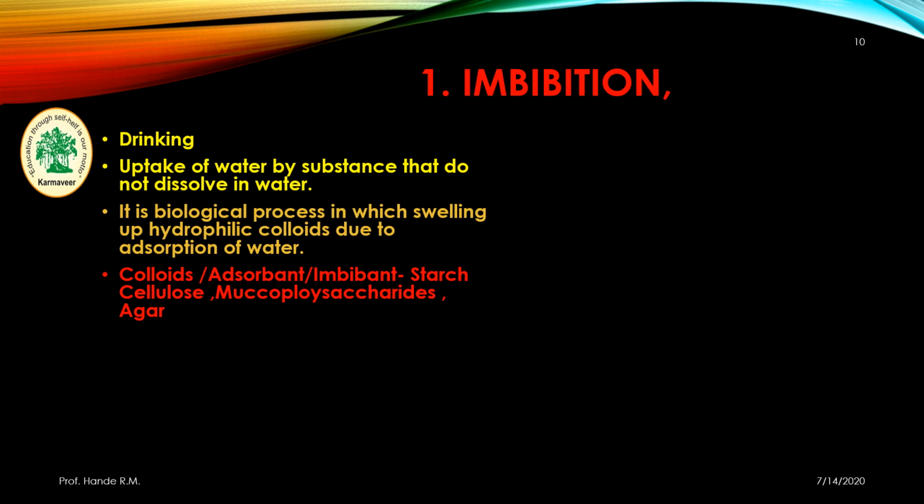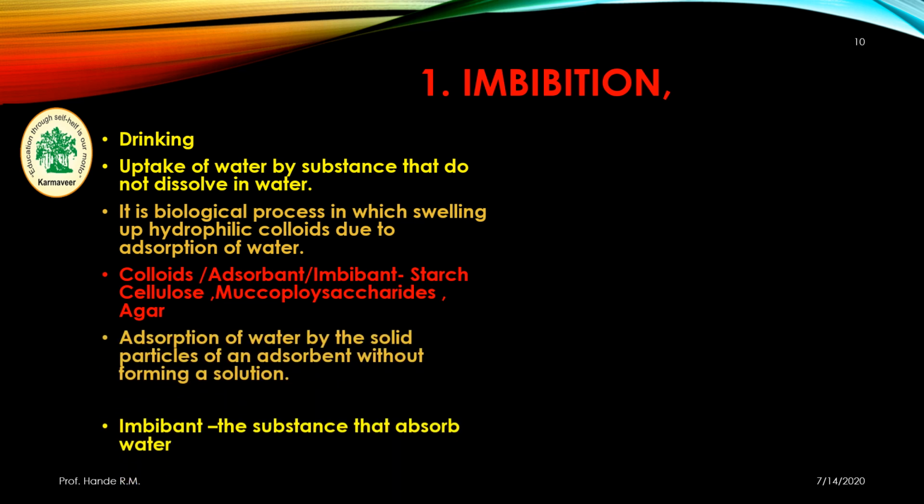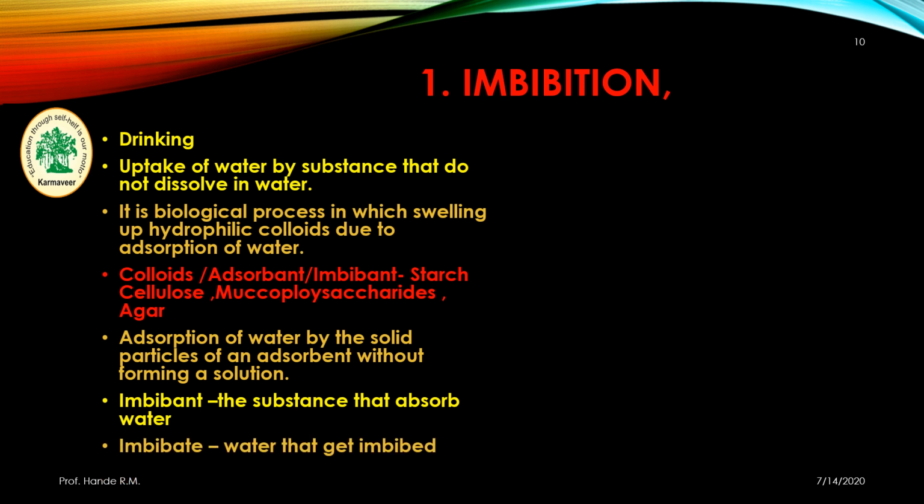Second component is imbibate. Imbibate is water or liquid that gets imbibed. An example of imbibition is absorption of water by seed and dry wood. It is the best example of imbibition.